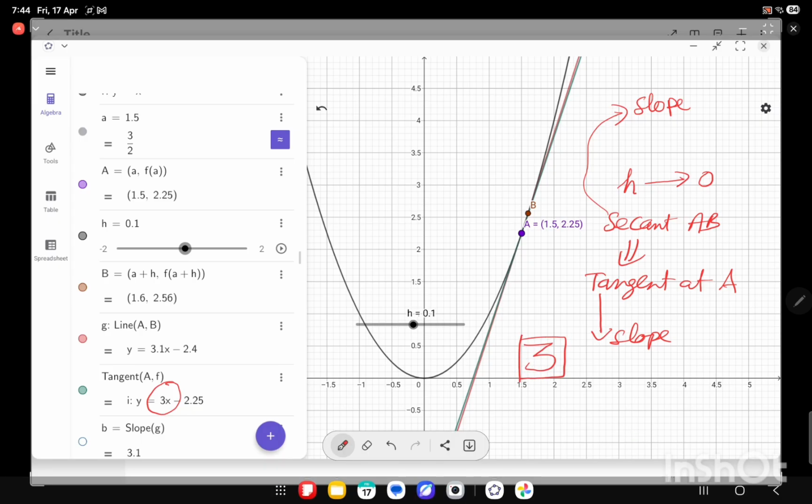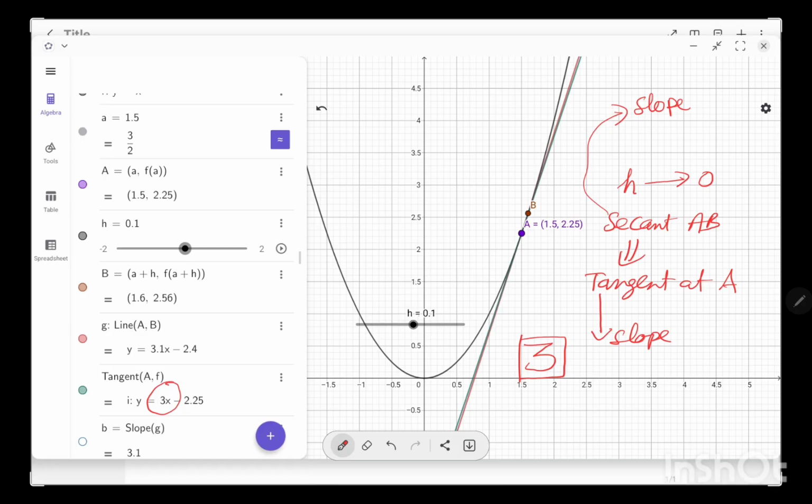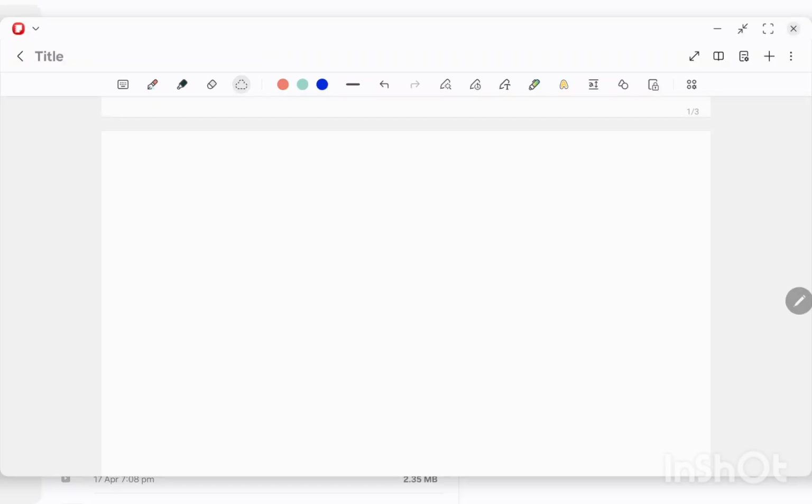Now let us go back and analyze the same thing. Let us now algebraically understand the derivative. We had the function f(x), which we have taken as x square.